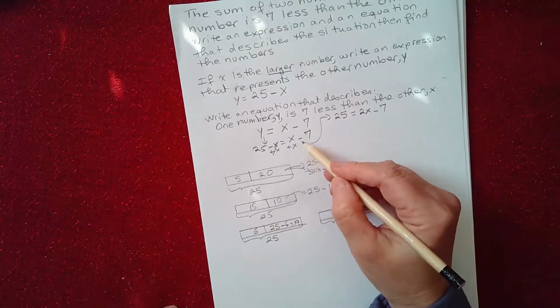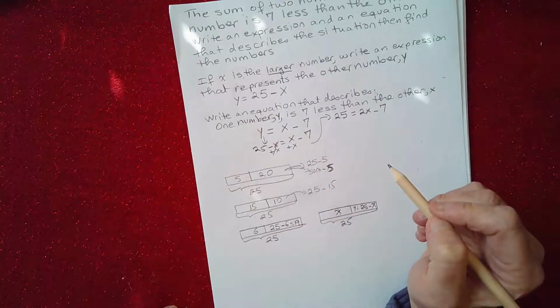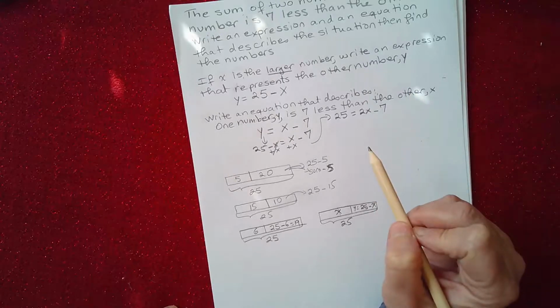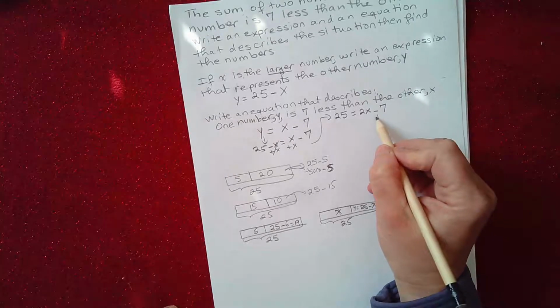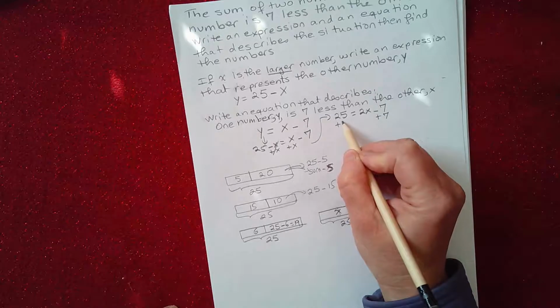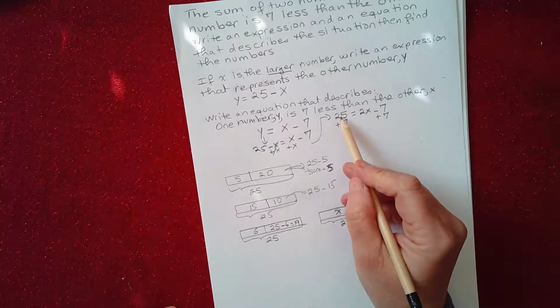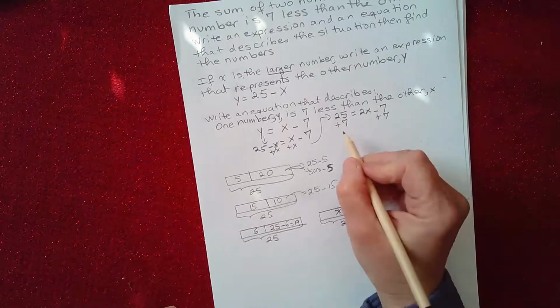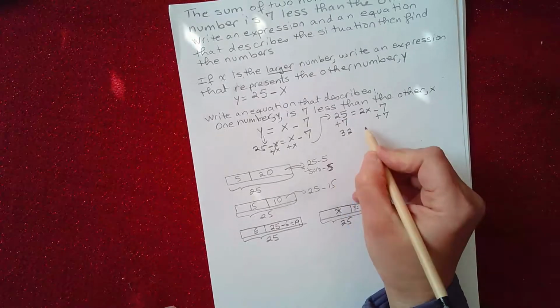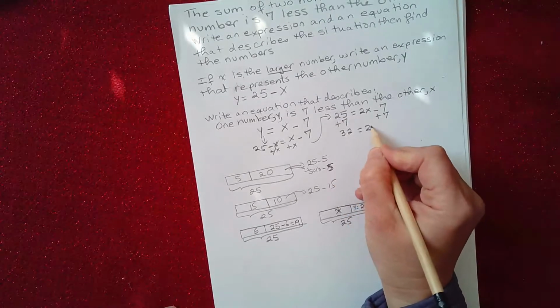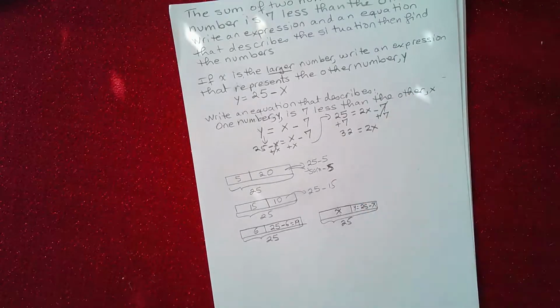So I added these two, and mine is 7. Now I need to isolate the variables, so I need to add 7 on both sides to isolate x on the right side of the equation. And 25 plus 7 is 32 equals 2x, and this cancels.